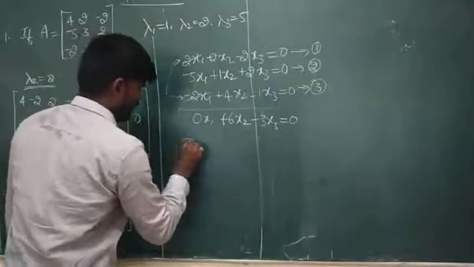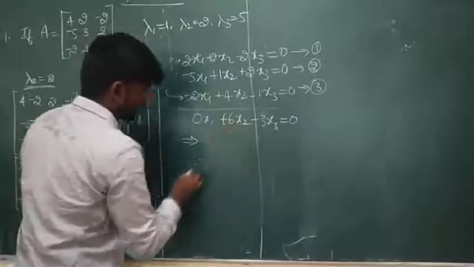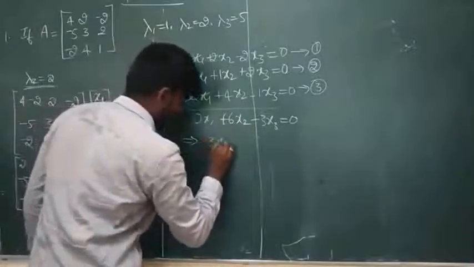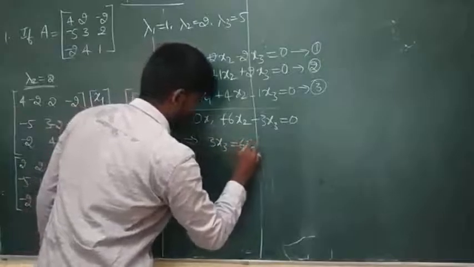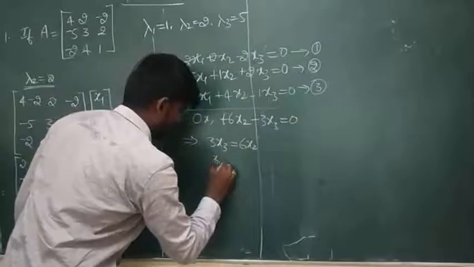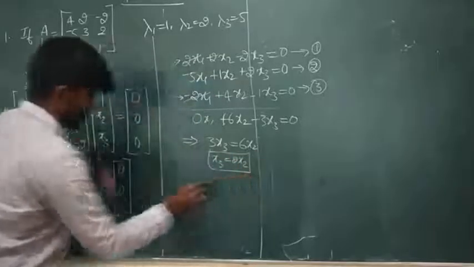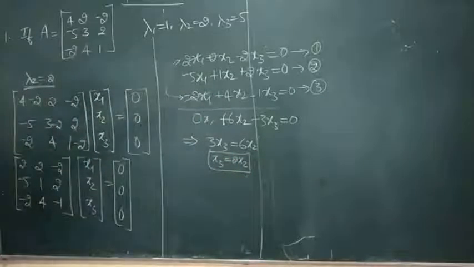Therefore, we write 3x3 is equal to 6x2. Therefore, x3 is equal to 2x2. By using 1 and 3, we get x3 is equal to 2x2.